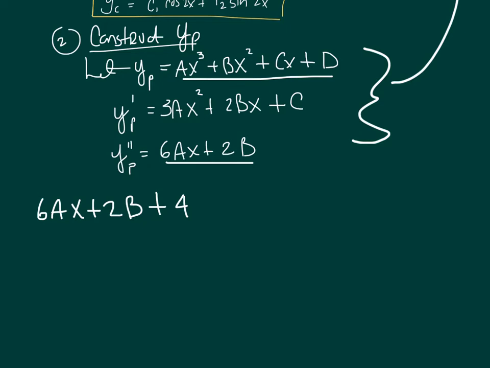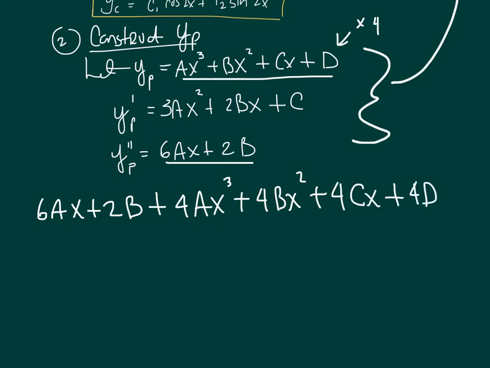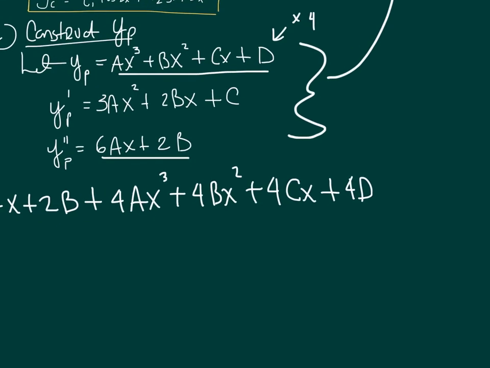I'm going to just distribute the 4, because that's what you're really doing, multiplying this by 4. So 4ax cubed plus 4bx squared plus 4cx plus 4d. And all of that is equal to 3x cubed.